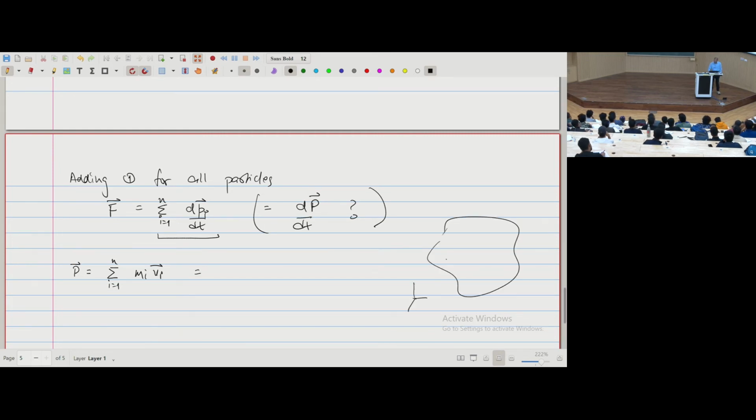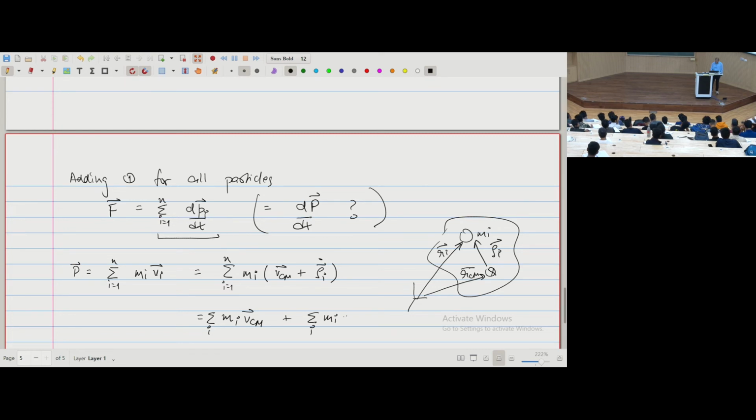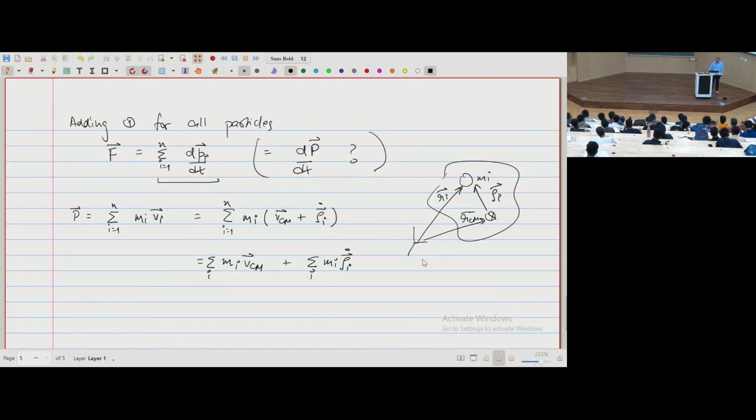If we draw the same figure again, in the first term, v_CM can be taken outside the summation.